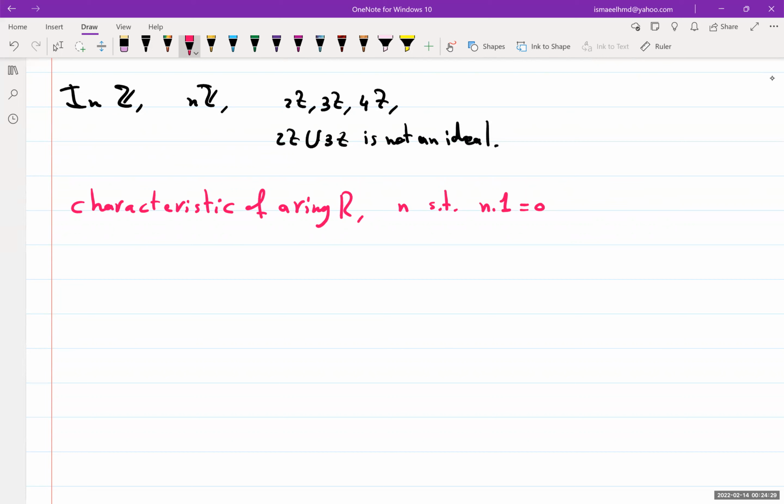The largest non-negative integer n such that n multiplied by 1 equals 0.